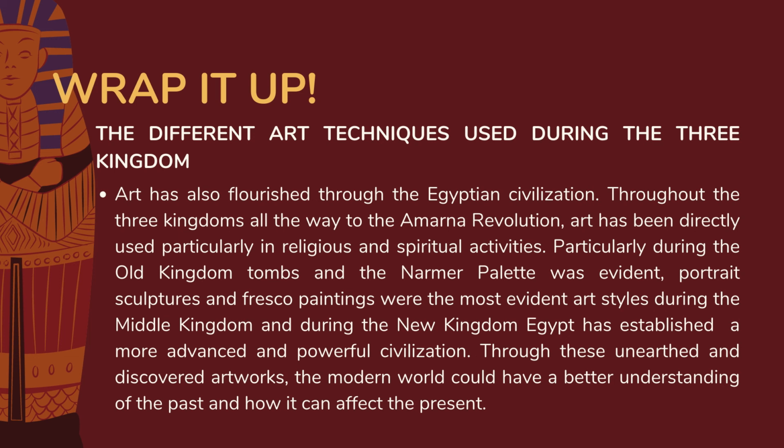Portrait sculptures and fresco paintings were the most evident art styles during the Middle Kingdom, and during the New Kingdom, Egypt established a more advanced and powerful civilization. Through these unearthed and discovered artworks, the modern world could have a better understanding of the past and how it can affect the present.